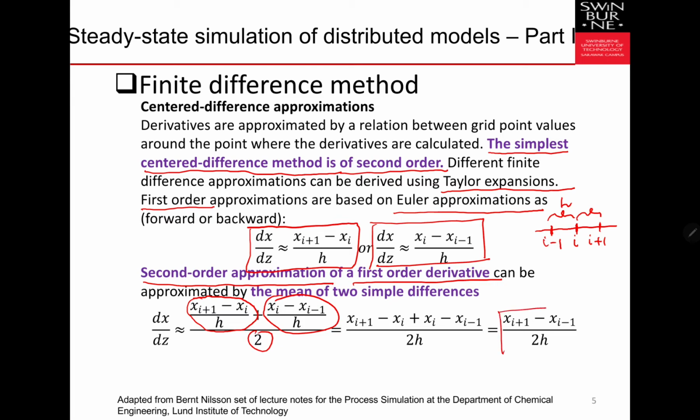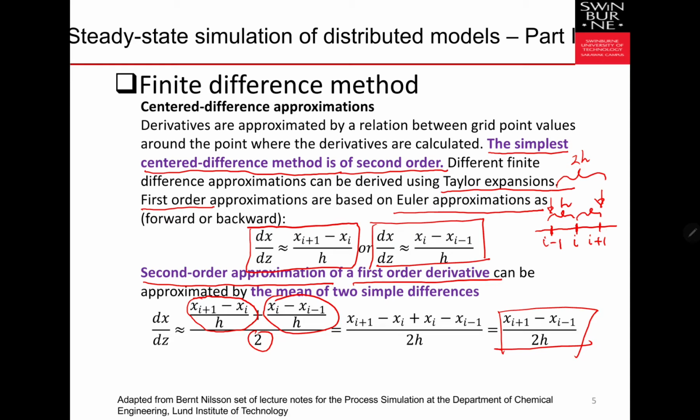Then you get this one, which is basically this one minus this one divided by the total length that lies between i plus 1 and i minus 1.